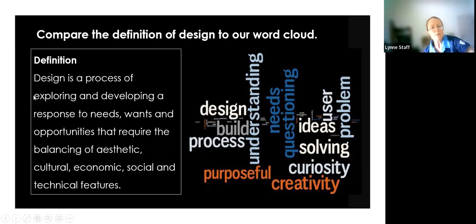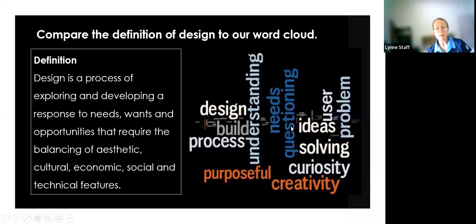So firstly, we want to have a look at this one here, exploring. Design is a process of exploring. So what words did we come up with in our word cloud that could be exchanged or similar to exploring? Okay, so over here we've got questioning.